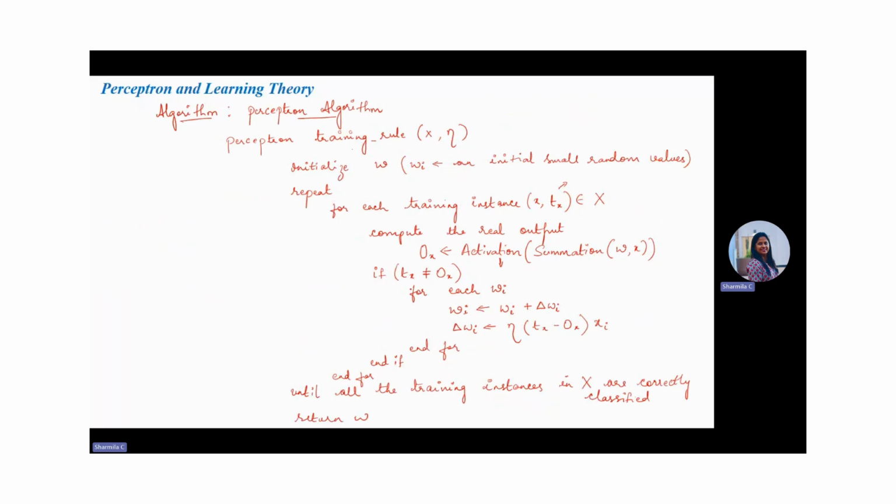If the target output is not equal to the obtained output, then we'll update the weights. If they are equal, that is, if T minus O is 0, the target output minus the obtained output is 0, then there is no need to update the weight. Otherwise, we need to update the weight by using this formula. This is called the perceptron training rule.